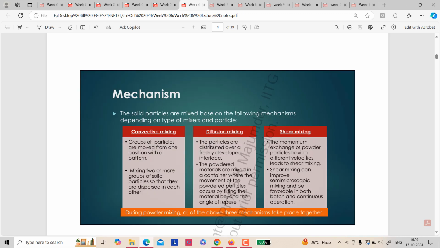Next are the different types of mixing. Convective mixing means groups of particles are moved from one position to another with a pattern. Diffusion mixing means the particles are distributed over a freshly developed interface.